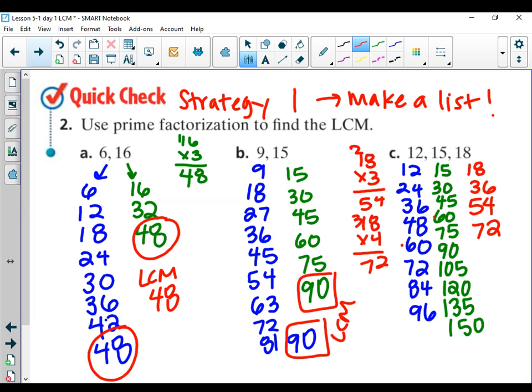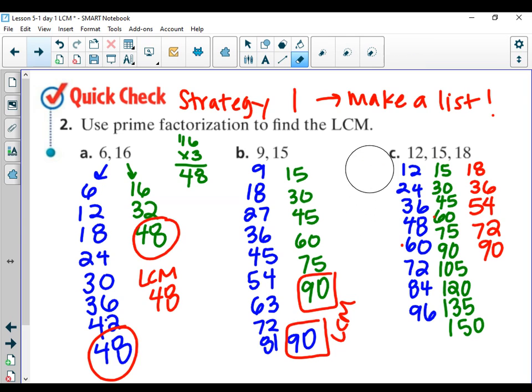Of course, 12 has a 72, but 15 doesn't have a 72. Of course. Of course, 15 has a 90, but 12 doesn't have a 90.